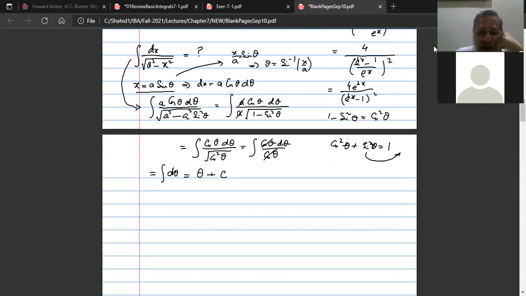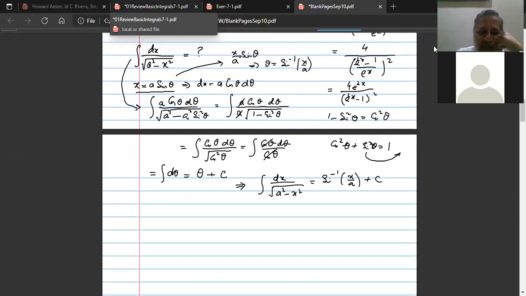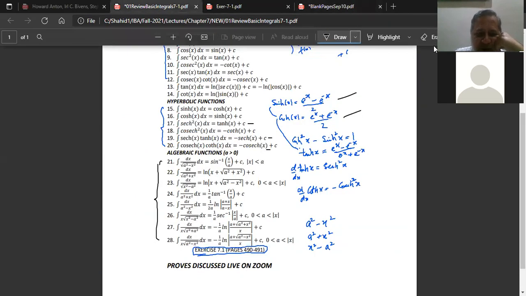So ultimately, we come out with the result that dx upon under the root a square minus x square is equal to theta, that is sine inverse x upon a plus c.